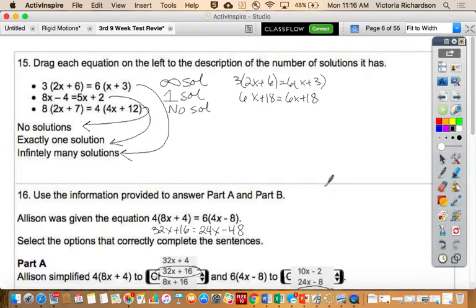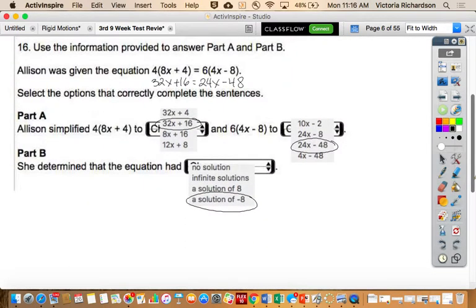That's exactly the same, right? When the two sides are equal, like the anchor chart says, you have infinite solutions. And then when you work out the second one, you're going to get exactly one solution because you get x equals a number. And on the last one, you get no solutions because you get one of those crazy answers like 2 equals 3. Well, 2 doesn't equal 3, so therefore it's no solution.